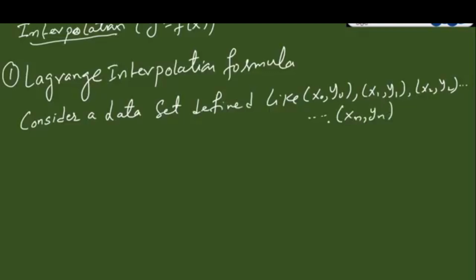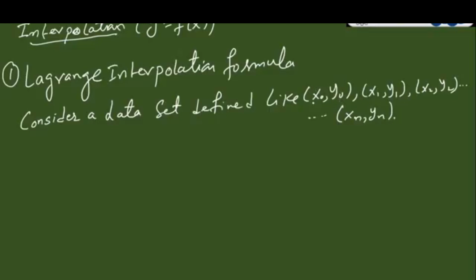We have done this many times. Let's say there is one data given to us and we write them in the form of ordered pairs. Obviously, in practical applications we do not have data as ordered pairs. We have data in Excel or column-wise, where one column is x coordinates and the other column is y coordinates. But for the time being, assume that data is defined like that.